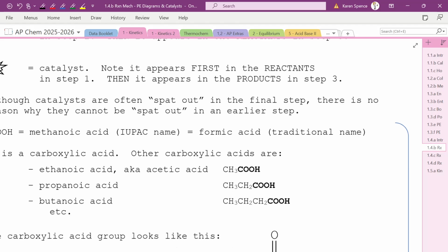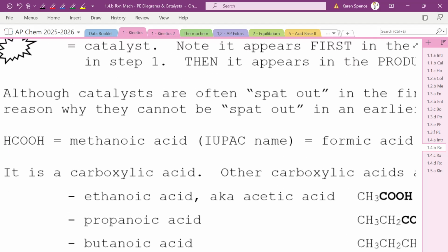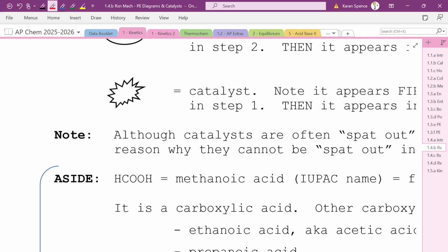There's just a description there. All right. An aside. HCOOH. That is methanoic acid. Why is it called methanoic acid? What does meth stand for? 1 carbon.